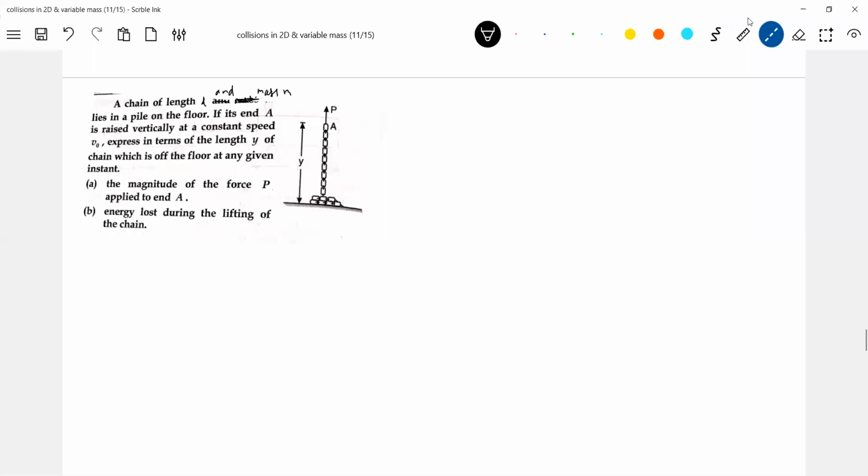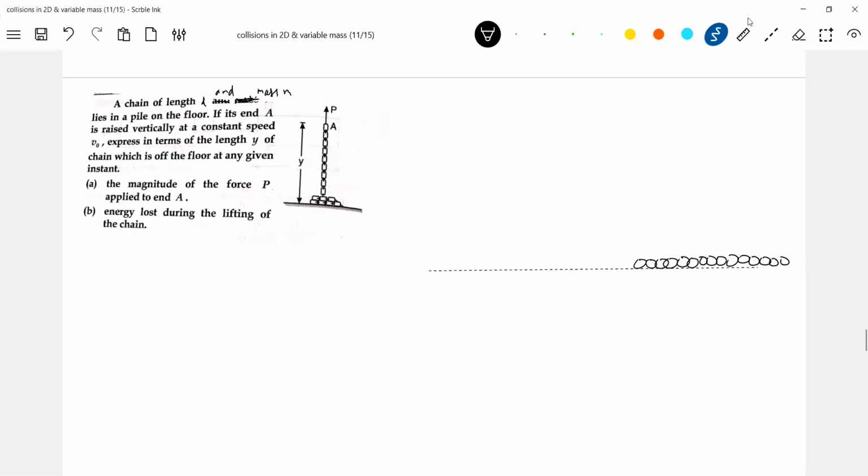So on the ground, here the chain is lying. The chain, what pen is better to show links. There's a method which is also shown in the books.